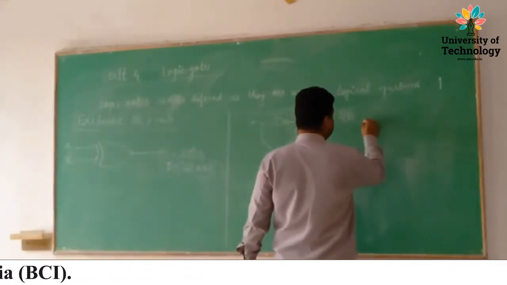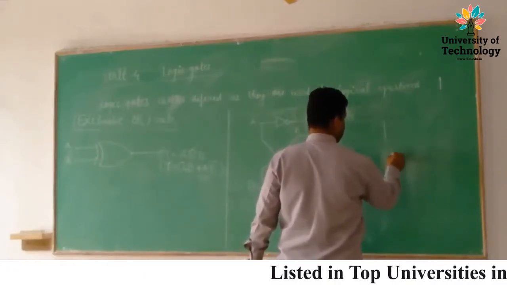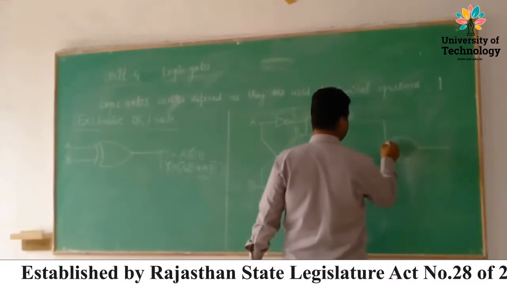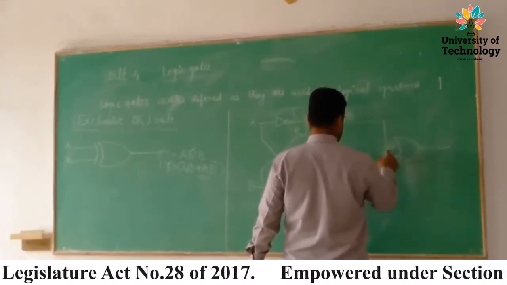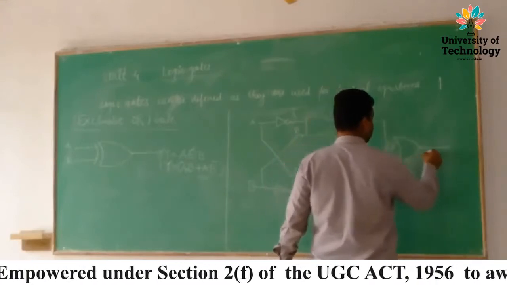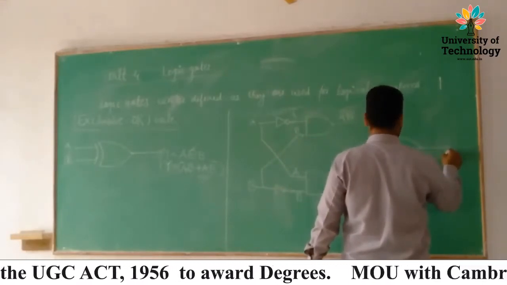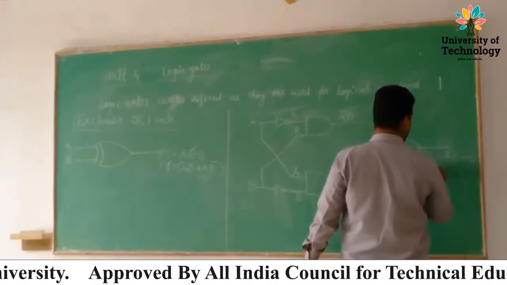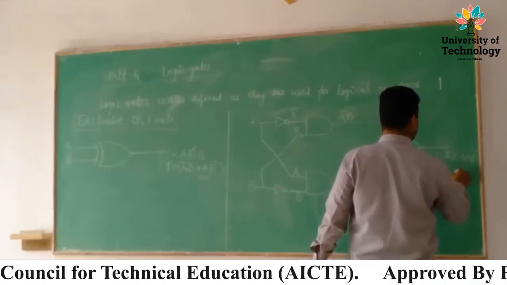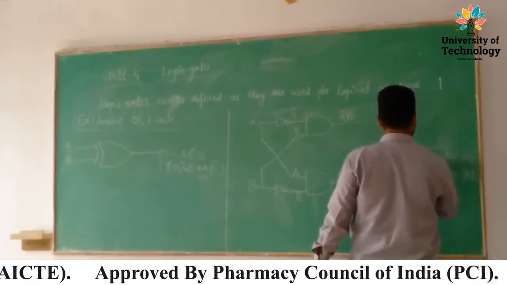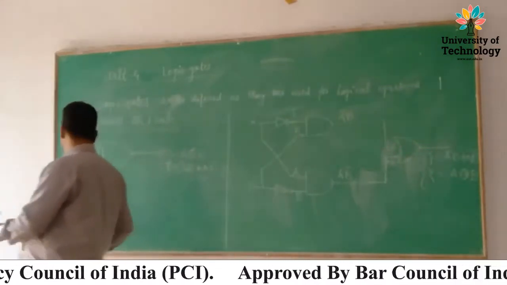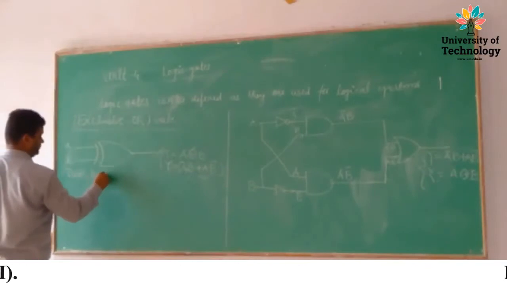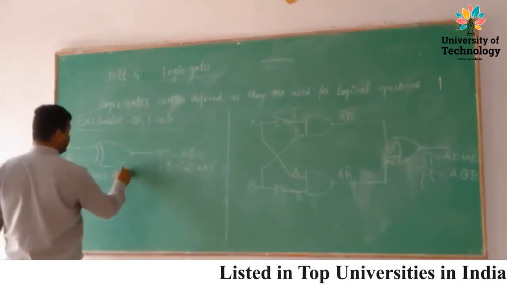Plus means OR operation, the OR gate is applied here, means at this end A bar B, from here A B bar, then the last output Y will be obtained by OR operation of A bar B plus A B bar, or we can say Y equal to A exclusive B. Truth table of the XOR gate.